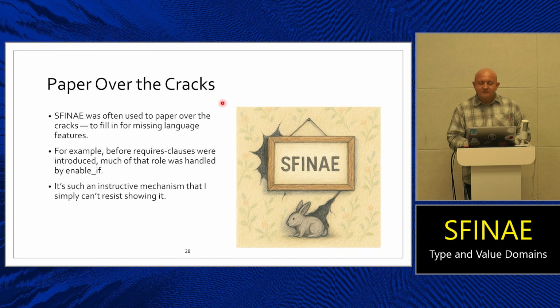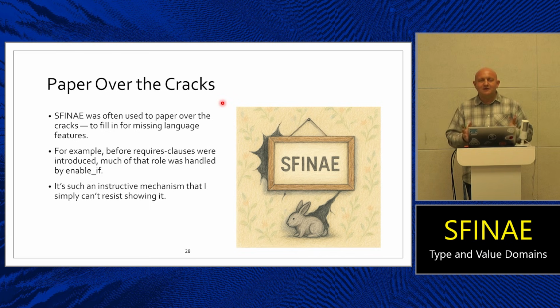Whenever you see SFINAE in code, it usually means the language is missing something. In most cases, you can either rewrite that code in modern C++ without SFINAE, or go and propose the missing feature to the standard committee. The only honest use of SFINAE is when it really does what its name implies for templates, like template function marks for identical and for different arguments.